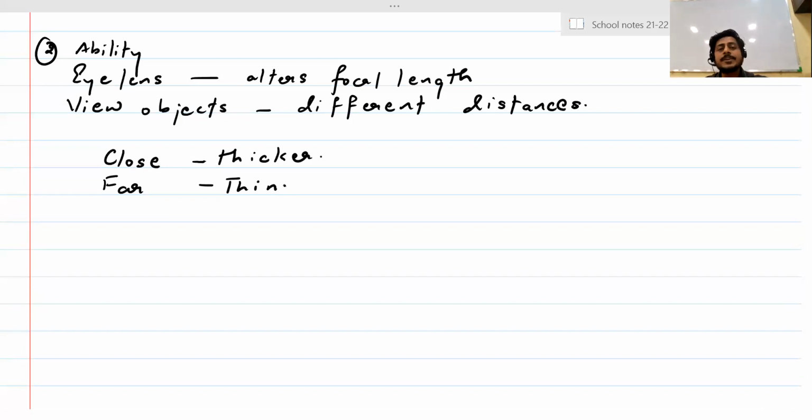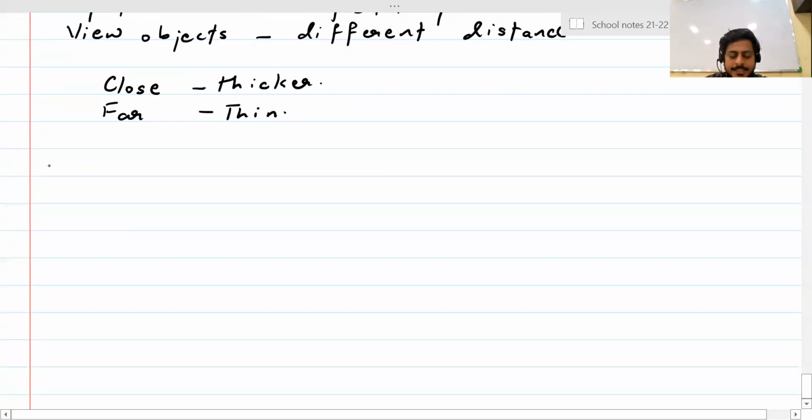Then the third question we had seen was the function of choroid. So sclera, choroid, retina. Choroid has two functions. One is that because choroid is pigmented, its dark surface will absorb the scattered rays.